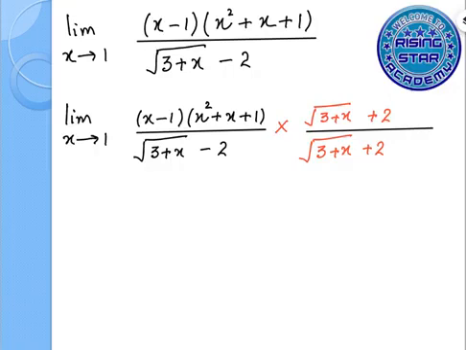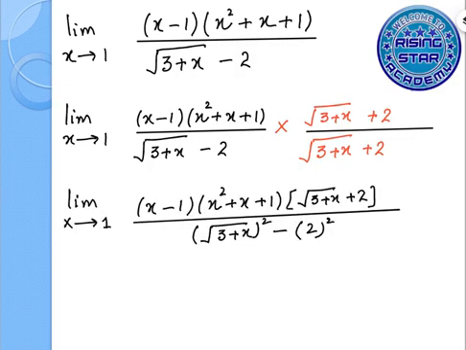In the next step, I would apply the formula in the denominator. The numerator value can be written as it is in multiplication form, but in the denominator I applied the formula (a + b)(a - b), that would be a² - b². Now this square is going to cancel out with the square root.